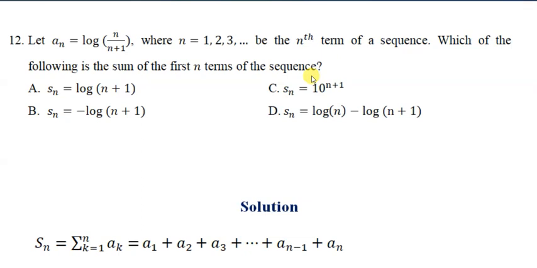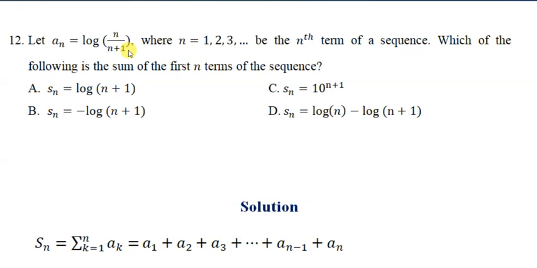Now the problem is that we don't know what type of sequence an is equal to logarithm of n over n plus 1 is. We don't know whether it is arithmetic or geometric or neither.